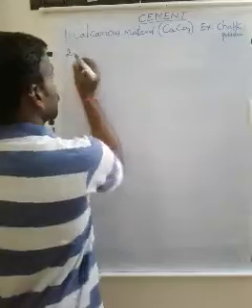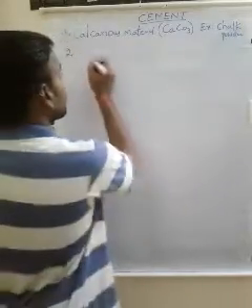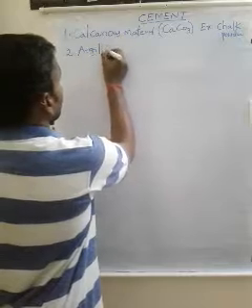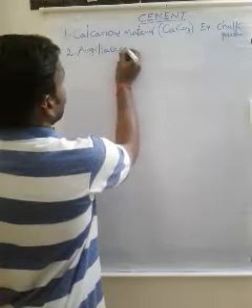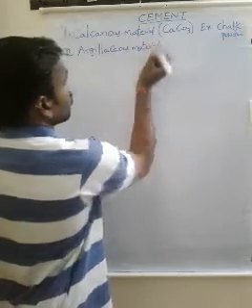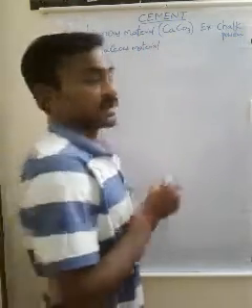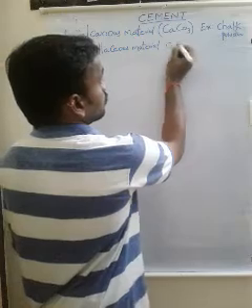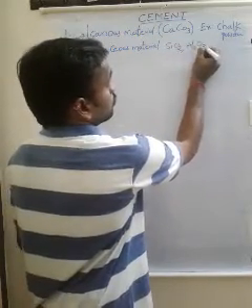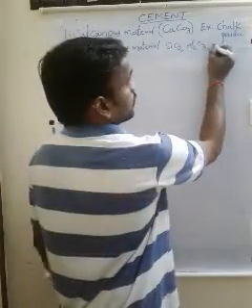Next one, argillaceous material. Argillaceous materials means silica, alumina, iron oxide.